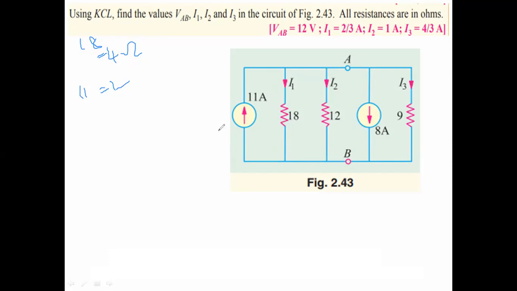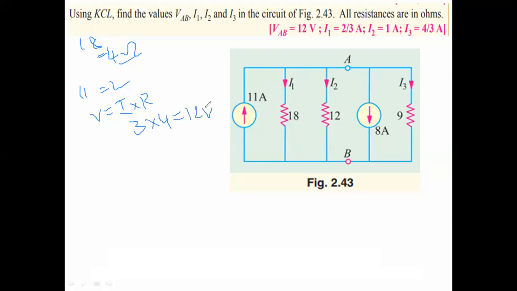So we can use V equals I into R. The overall current, I1 plus I2 plus I3, is 3 amperes, and the overall resistance we found is 4 ohms, that gives 12 volts.